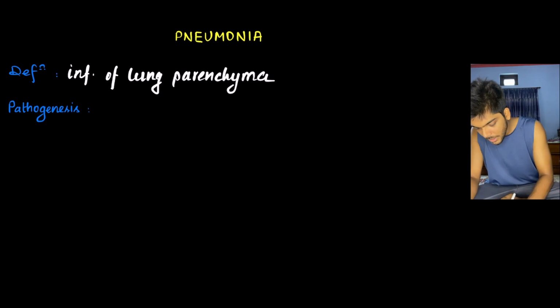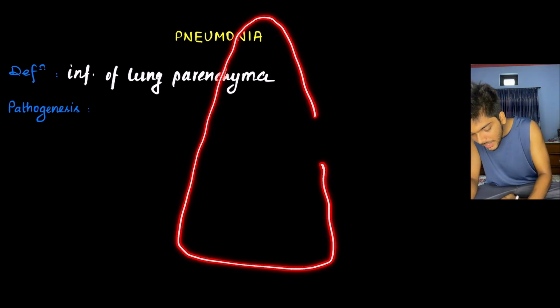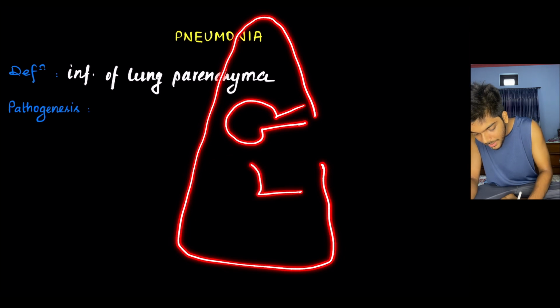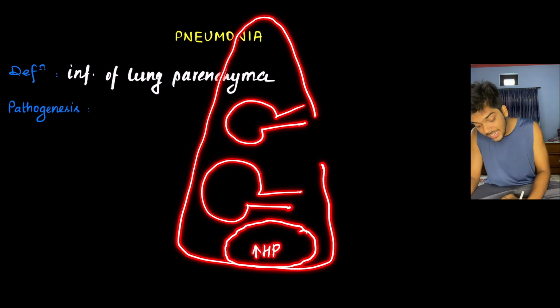See here, within your lung parenchyma, there is alveoli, and there is blood vessel as well. Now due to injury to blood vessel, it dilates. The hydrostatic pressure inside the blood vessel increases, and what comes outside is transudate. Later, the permeability also increases. So what comes out is exudate.